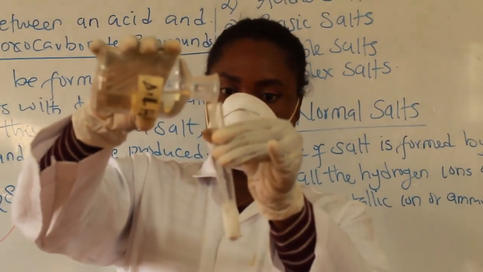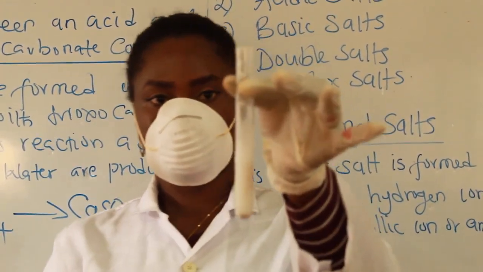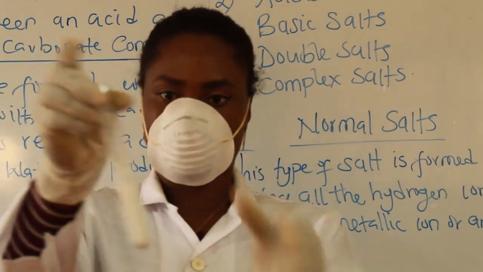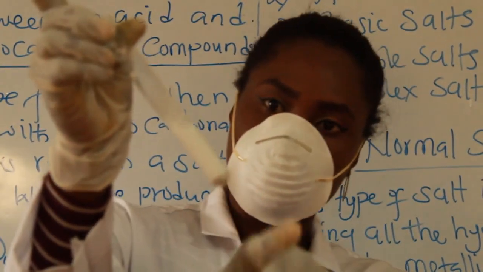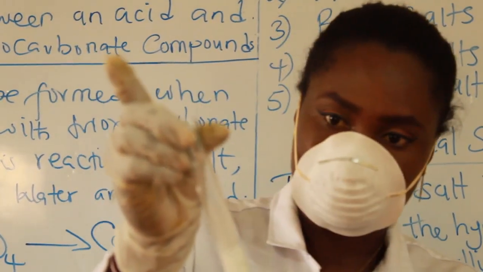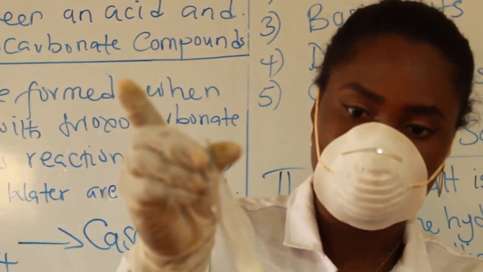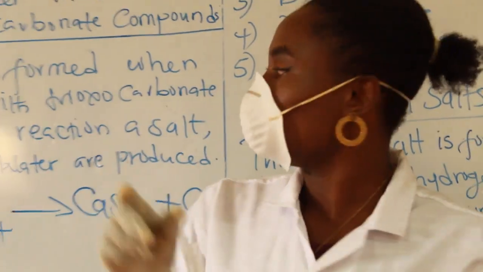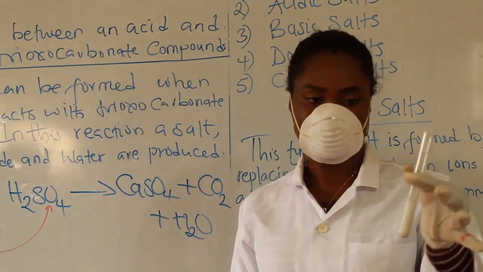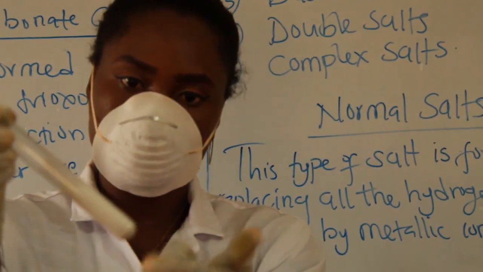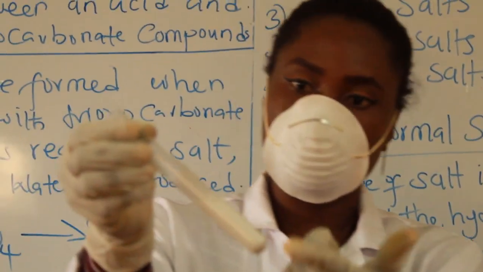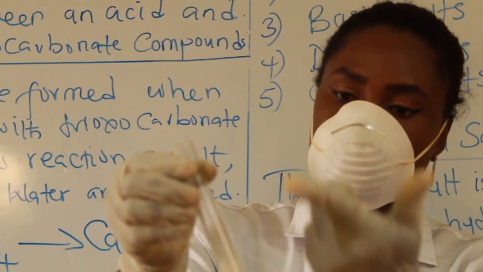Wow, this is what I want you to observe. If you can see bubbles, a gas is produced, and that gas is called carbon 4 oxide. Look at it. If we add more, as it's diluting the calcium carbonate, the gas CO2 will be evolved.